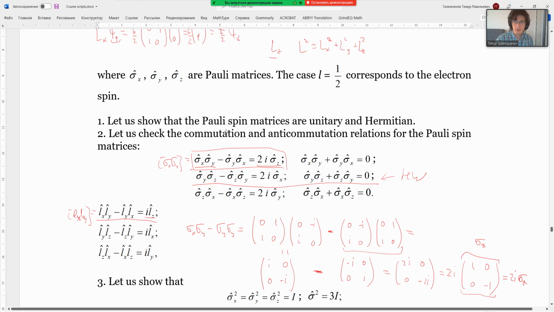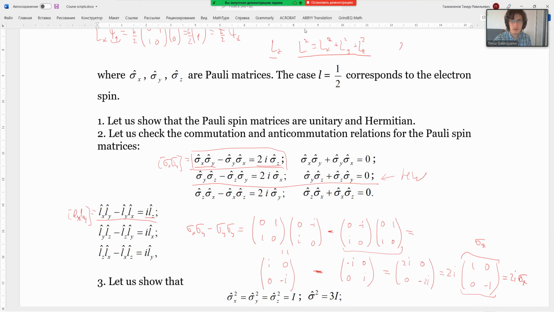We can measure both of these values, and we showed that the eigenvalue of L squared equals l times l plus 1. Meaning that even if you have the maximal projection of the angular momentum on some axis, let's say Z, the uncertainty in Lx and Ly projections will give you additional contribution.